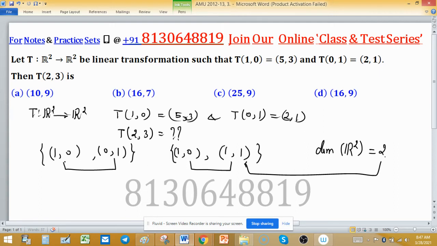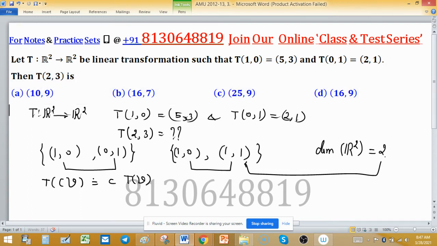But as it is the standard ordered basis, finding the matrix representation with respect to it is simple, and here the images are given, so use those. The property T(cv) = cT(v) will help us find the image.